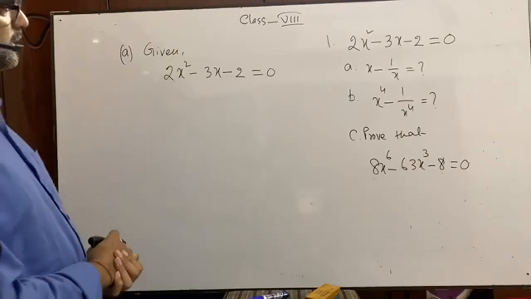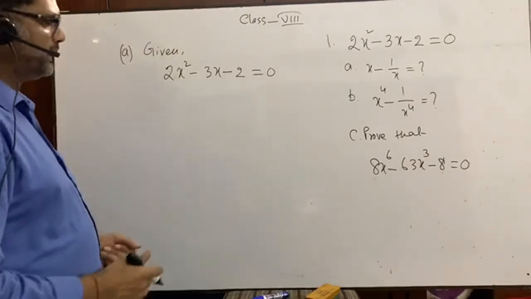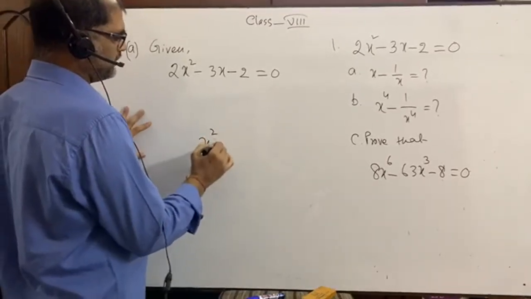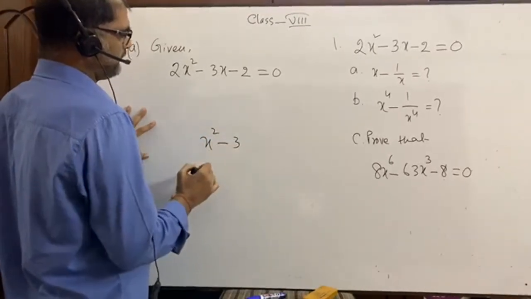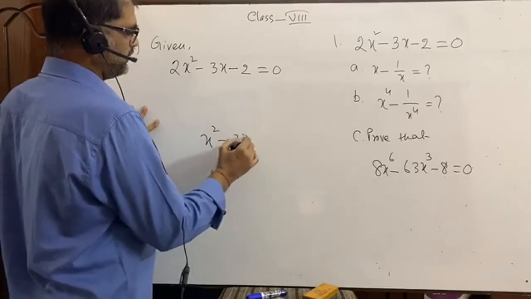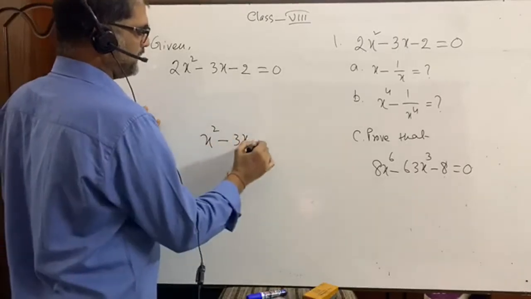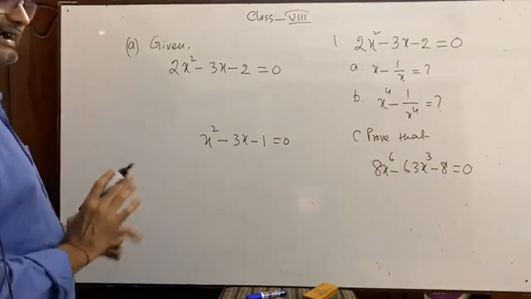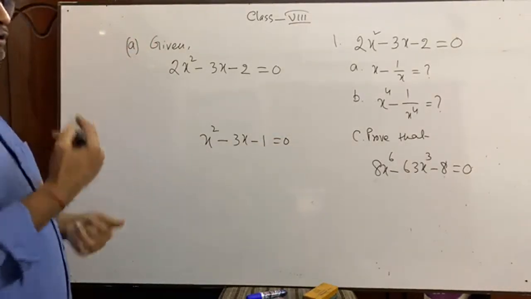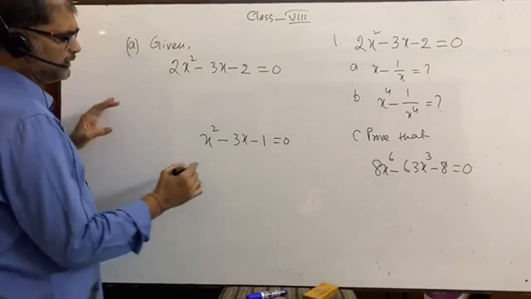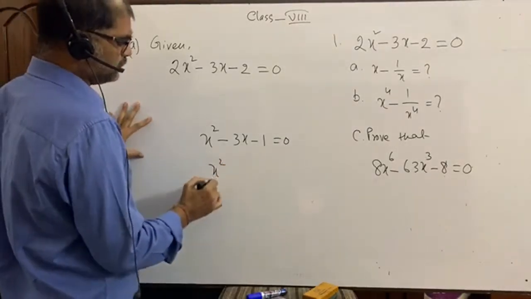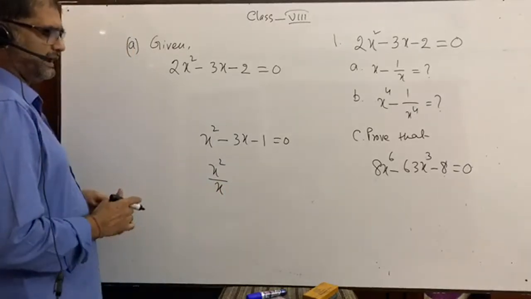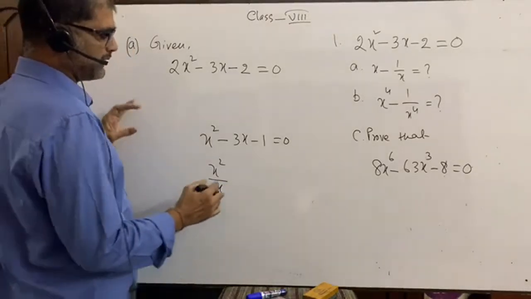Normally, if the math was like this, x square minus 3x minus 1 equals 0, then what would you do? You would divide every term of both sides by x.